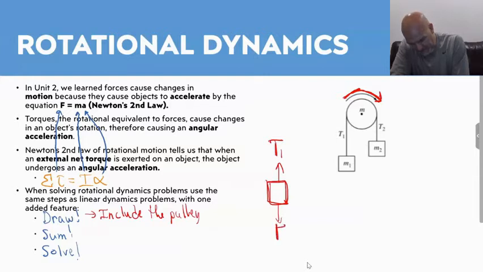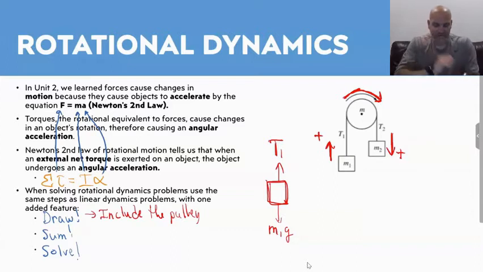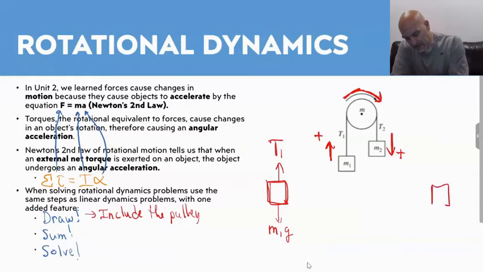But now you can see that our tensions may not be equal as it was way back when. So this would be M1G. Now, if the pulley rotates towards the right here, that means M2 is going to drop down. So my positive direction will be down here. For M1, that's going to move up. So my positive direction will be up.